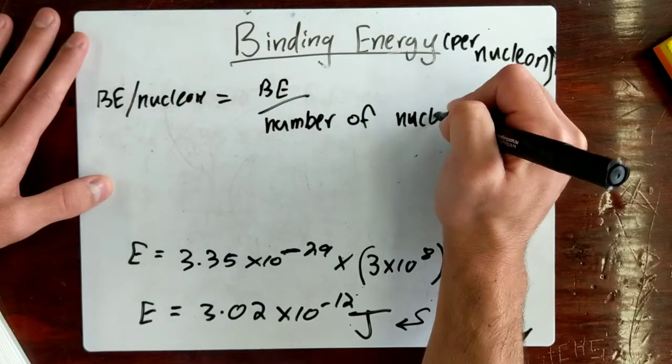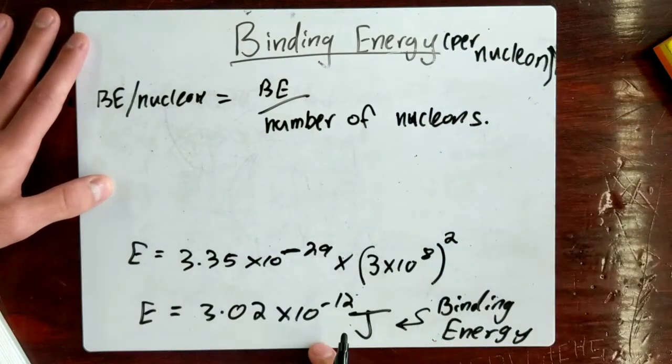So in this example here, this is a helium-4 nucleus. Therefore, the number of nucleons is equal to 4.